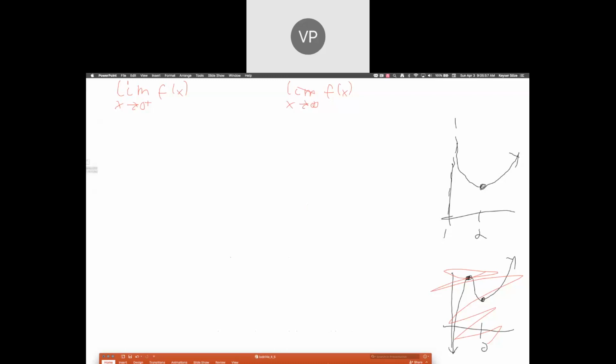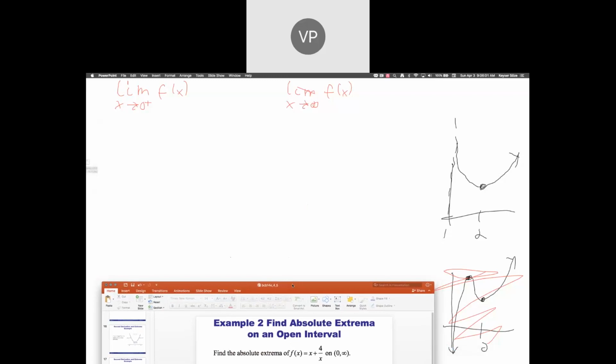So let's look at our function. Remember what it was? This f of x equals x plus 4 over x. I want to find the limit as x approaches 0 from the right side of x plus 4 over x. Think about what's going on here. We're plugging in very small numbers. That thing is becoming 0.